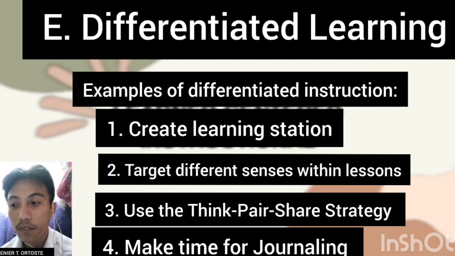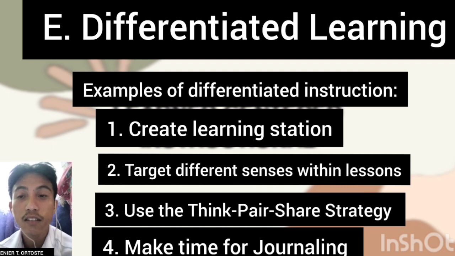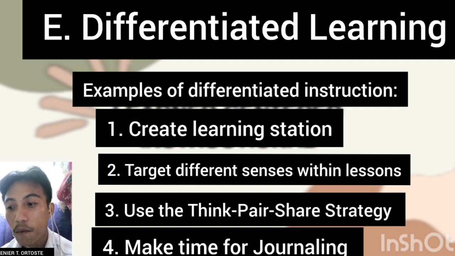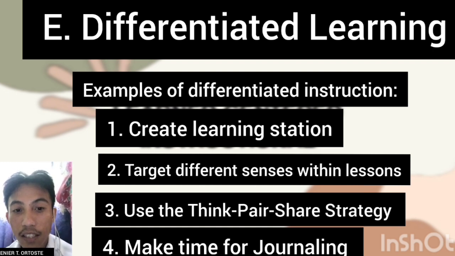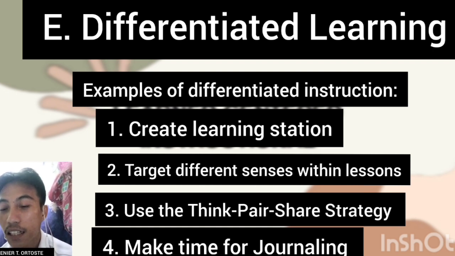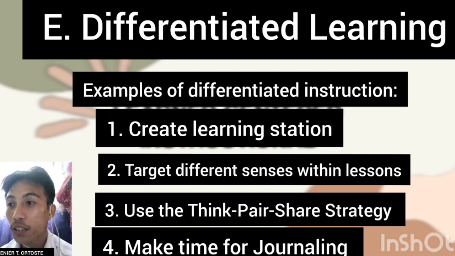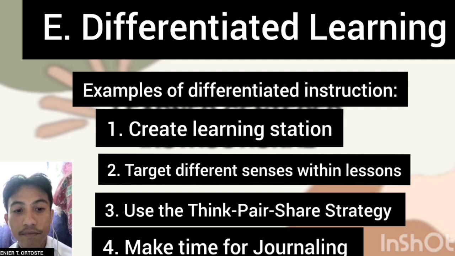So kung ano ba yung natutunan nila or how they're going to apply the knowledge in the classroom when they have a class. So yung mga ganun na strategy na ginagamit ni teacher sa loob ng classroom. So that's all for the differentiated instruction.